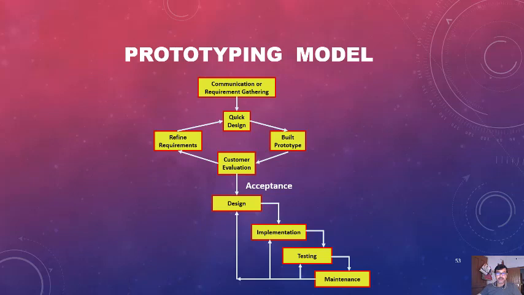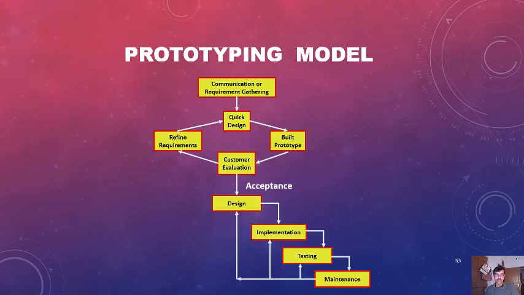So this is the prototyping model. And when the acceptance has been given by the customer, you throw out this prototype and start from the design phase, that is the system design phase, through the DFD, the ERD, etc. After finishing the design phase, all the next successive phases are similar to the iterative waterfall model.